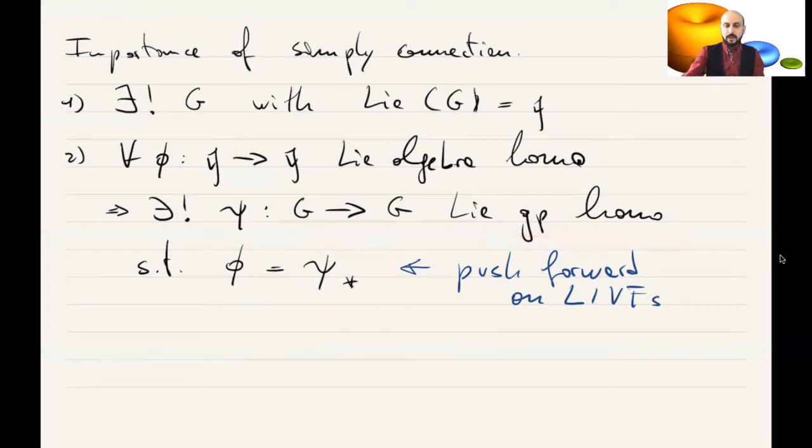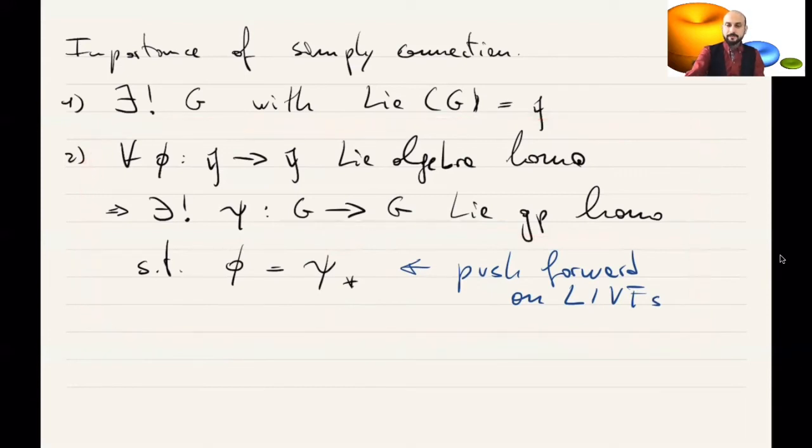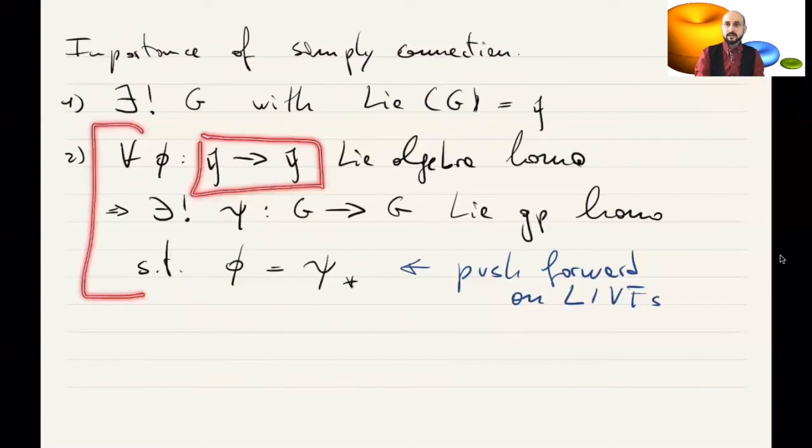Now I want to stress that we're going to use this fact. Why? Because of the dilations, we are going to have special maps which are for sure defined on the level of the Lie algebra, and we have to use this abstract fact to have an induced map on the level of the group.